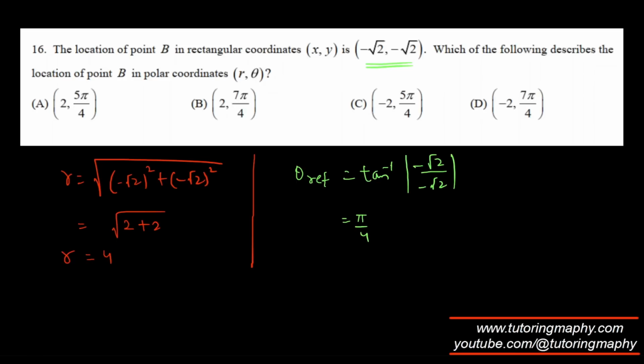The equivalent of pi over 4 in quadrant 3 is 5 pi over 4 because it's just like pi plus pi over 4, which is 5 pi over 4. So our r is 2. Why have I written 2 here? 4 square root is 2, right? Yep. 2 comma 5 pi over 4, and amazing, that is actually option A.